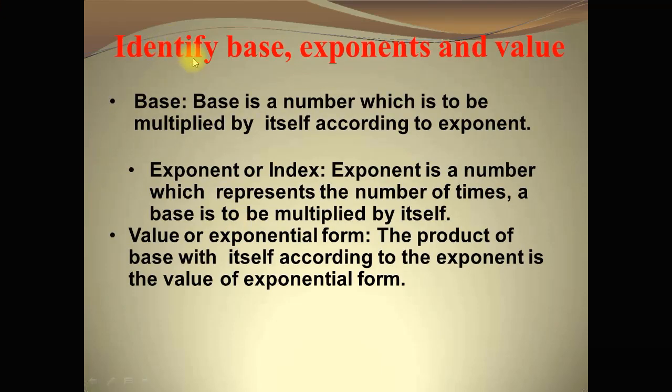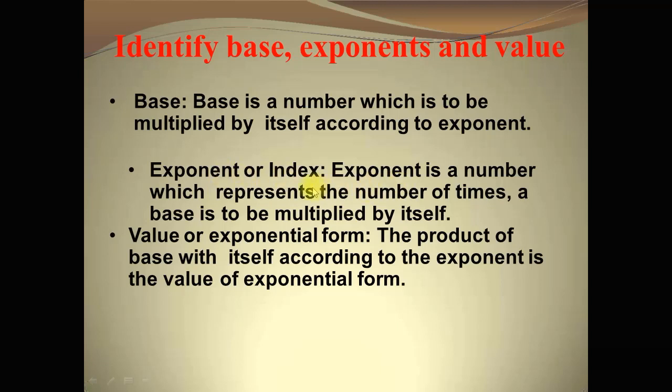Now, how to identify base, exponent and values. First of all, I would like to tell you about the definition of base, exponent and value. Base is a number which is to be multiplied by itself according to exponent, and exponent or index.